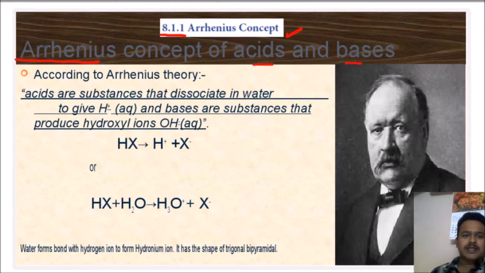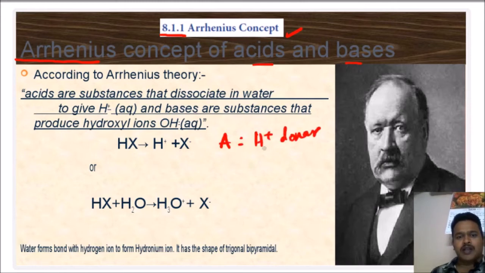Acids are substances that dissociate in water to give H plus ions, and bases are substances that produce hydroxide ions. Simply, acid means H plus donor in aqueous medium. Base means OH minus donor.